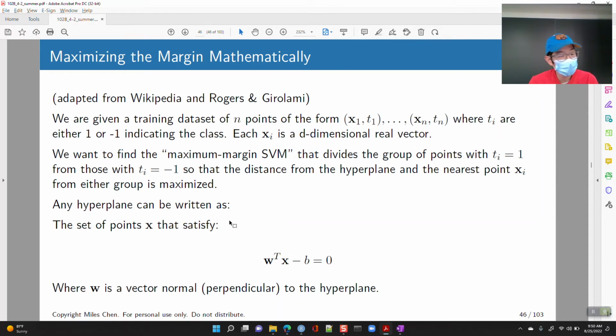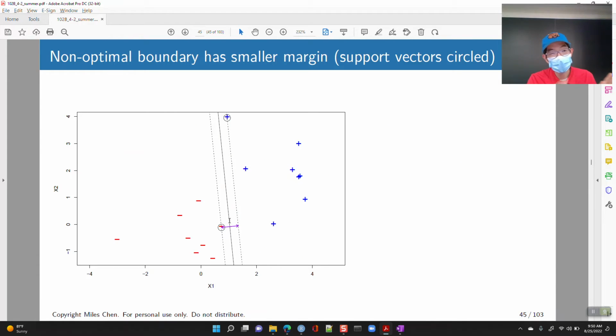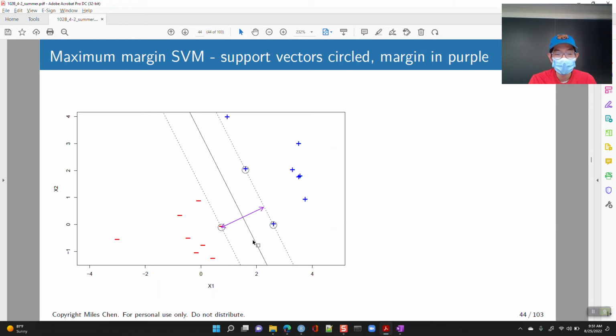And then W transpose x minus B is going to be any line that's parallel to this line. So W transpose x equals 0 forms this middle line here. And then you do W transpose x plus or minus some constant B, and that allows for parallel lines to this. Okay.